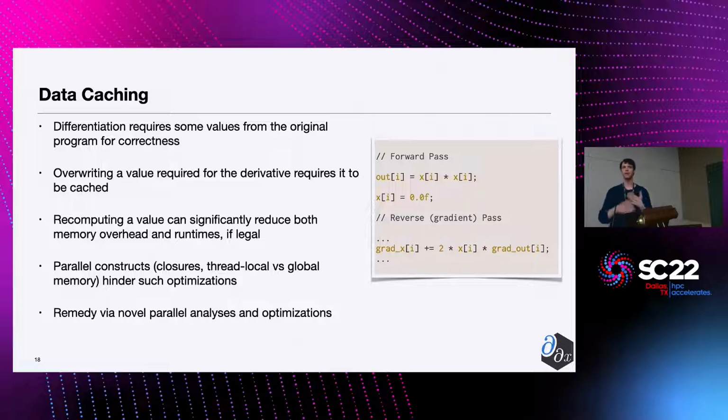However, a lot of these types of parallel constructs that we've seen have relatively clunky or unknown aliasing and other reading and writing behavior, which means that it's difficult in practice to figure out exactly how to minimize the amount of data. In particular, we remedy this by introducing a couple of novel parallel-specific analyses and optimizations.